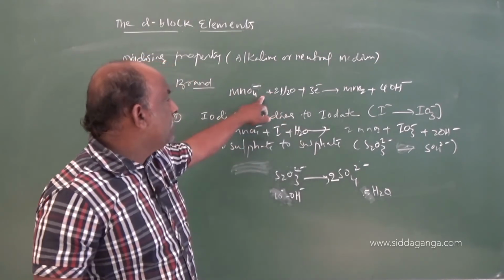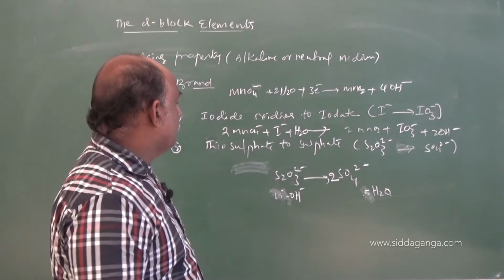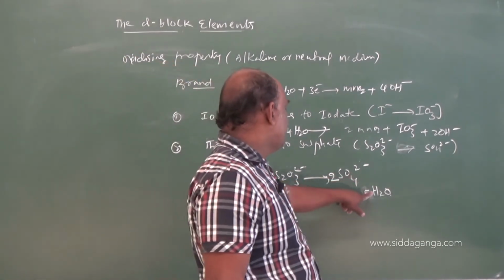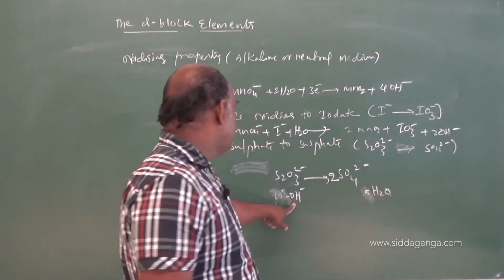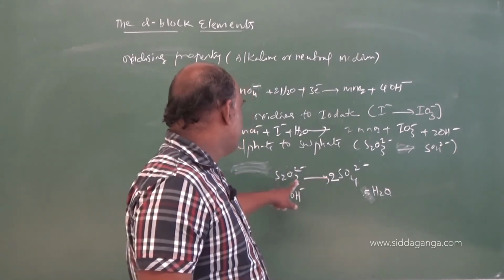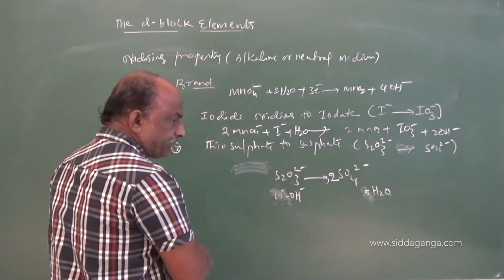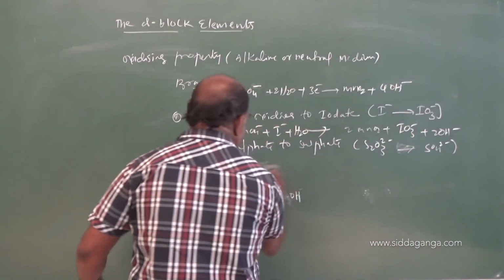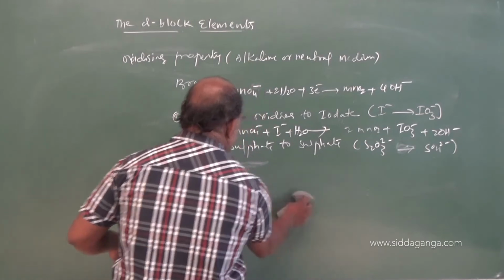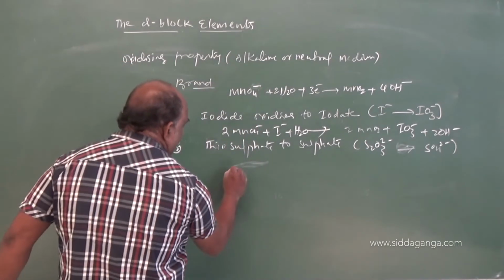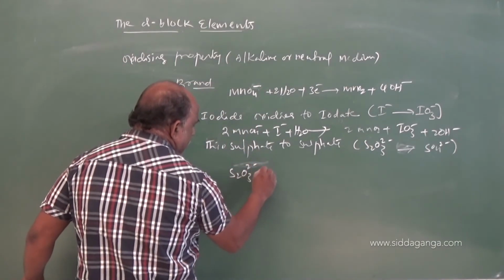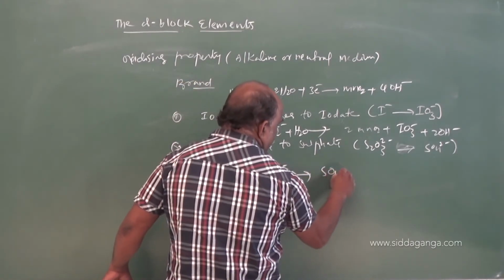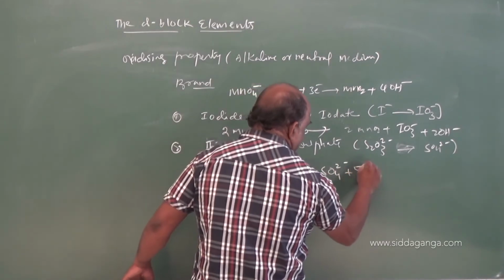In the standard equation, how many electrons? 3 electrons. S2O3 2 minus plus 10 OH minus gives rise to 2SO4 2 minus plus 5 H2O.